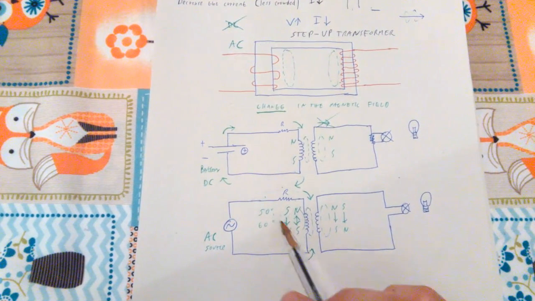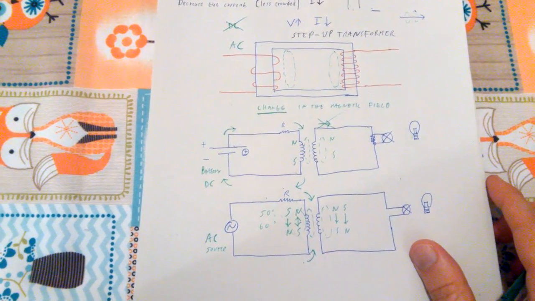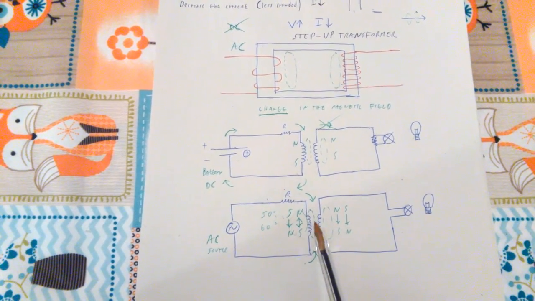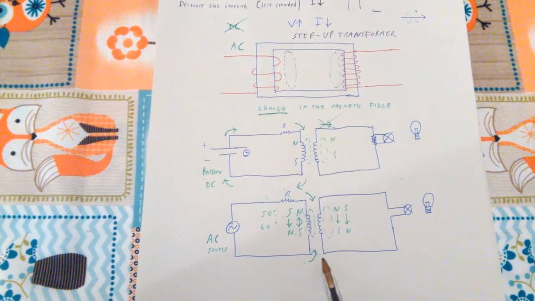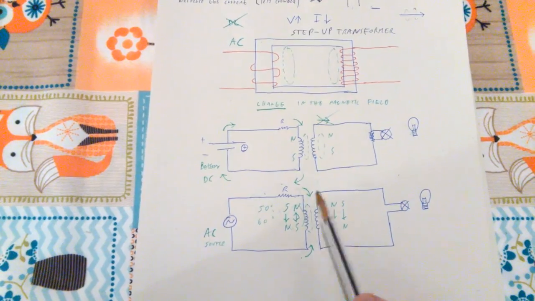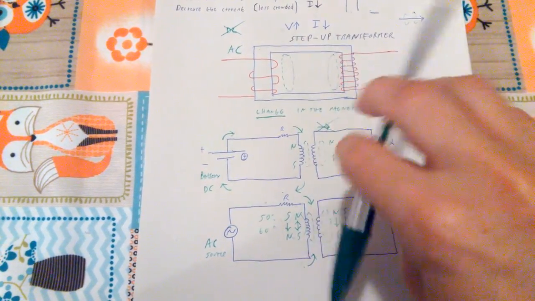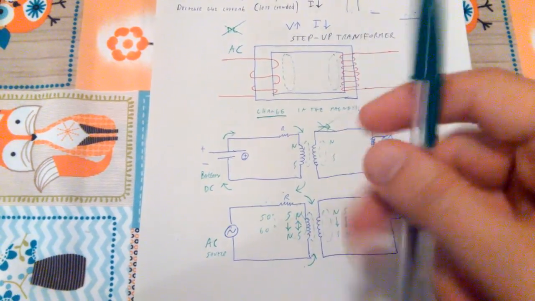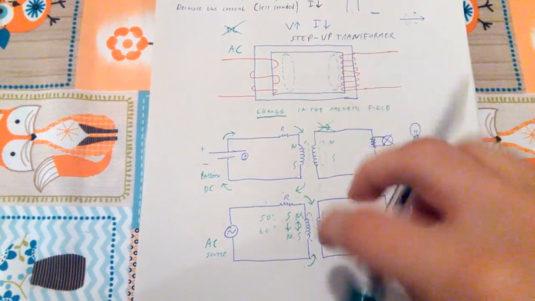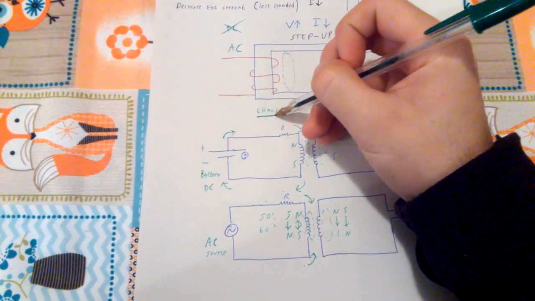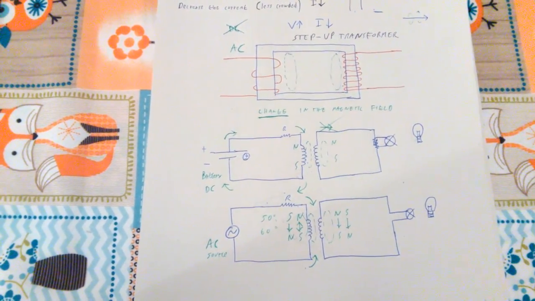It's going to change 50 or 60 times per second. Remember, nature hates change. So every time that we're going to have a change in the direction of current, the magnetic field is going to be opposite. So north, south, north, south. So we're going to have a constant change in the magnetic field.